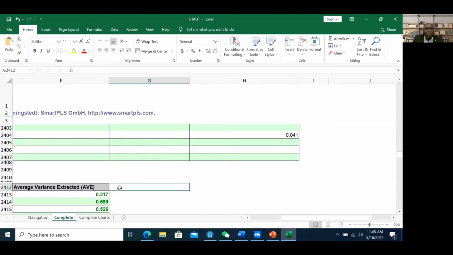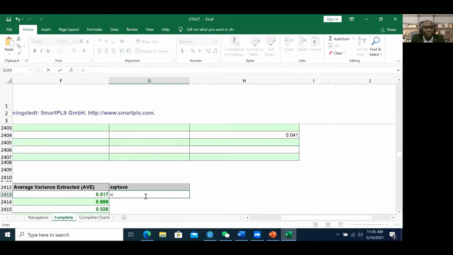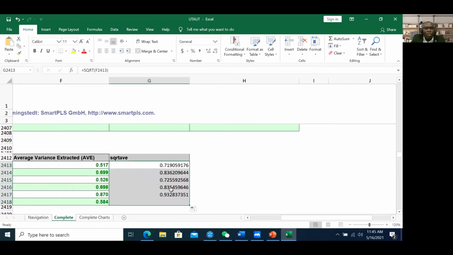We can take the square root of the AVE. So let's say square root of AVE over here. All right. So we're going to do a little Excel computation. Then we click here, enter. Then we drag this value down. All right. So that's the formula you use to calculate the square root for those of you who don't know. So these values over here are what we call the square root of the AVE.